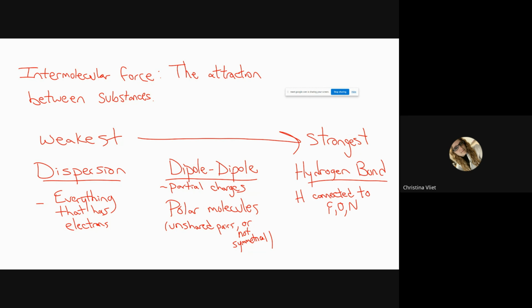That's why it gets its own category, because water is its own special thing with its own special properties. That's why in biology you study water. If you study marine science, you study water because of its unique ability to bond, because of that great difference in electronegativity. So what you're going to be asked to do primarily with intermolecular forces is I'm going to give you a compound and ask you which is its strongest force.